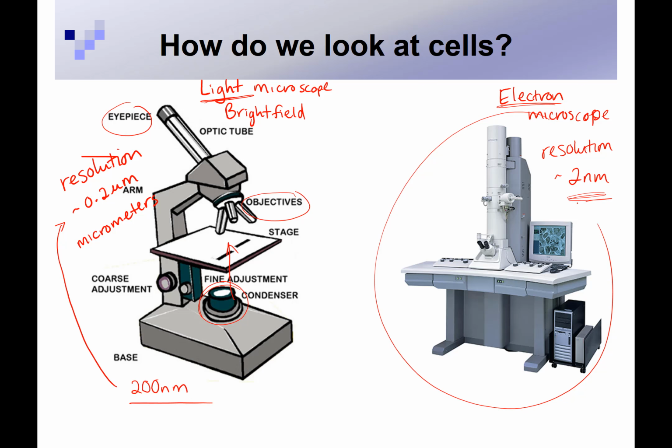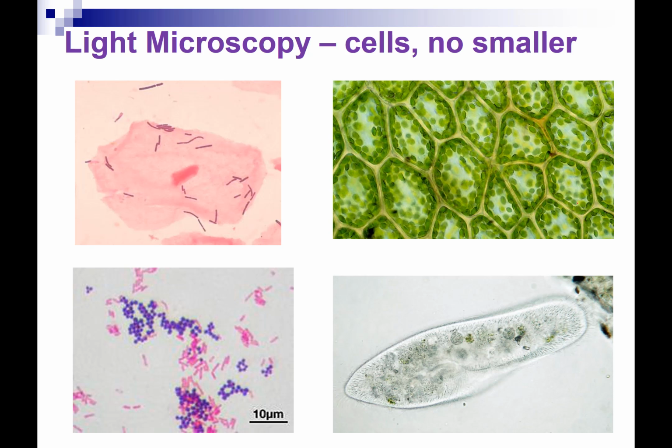Now let's talk about cells a little bit. So with light microscopy, you can see cells, and I shouldn't say just no smaller, but a few organelles. Okay.